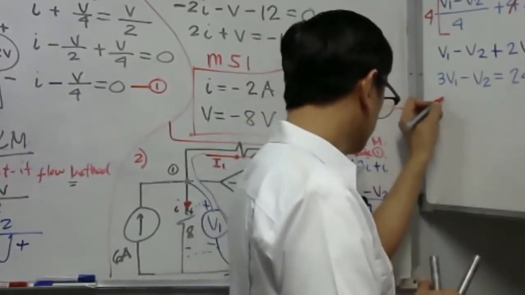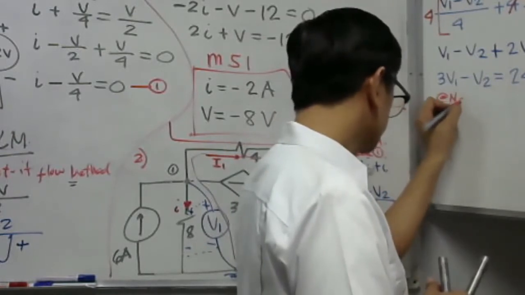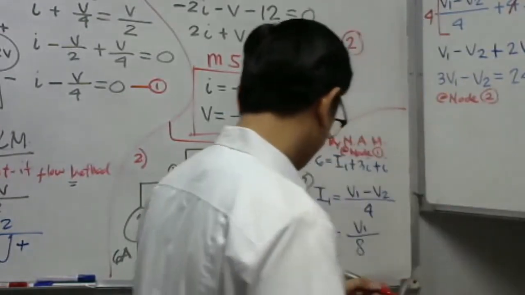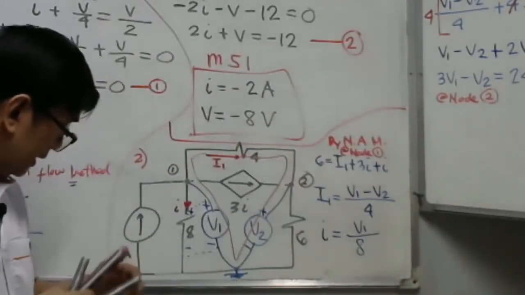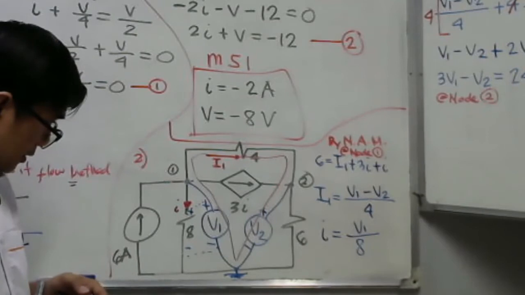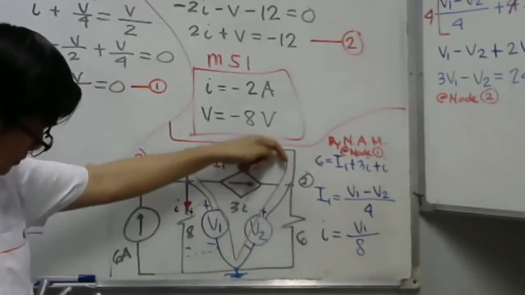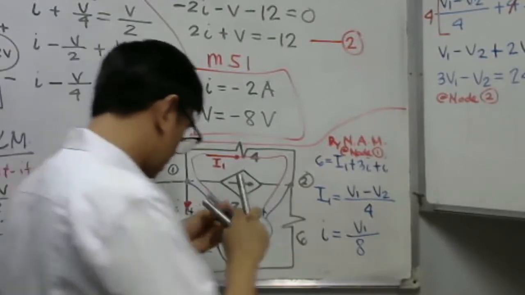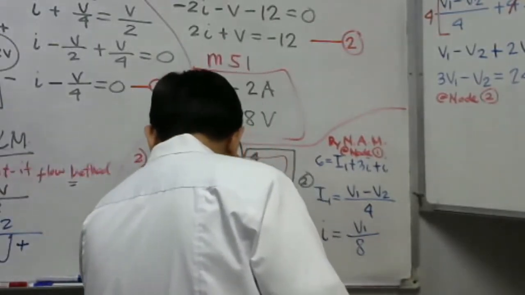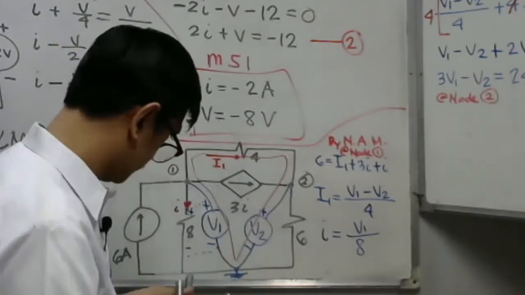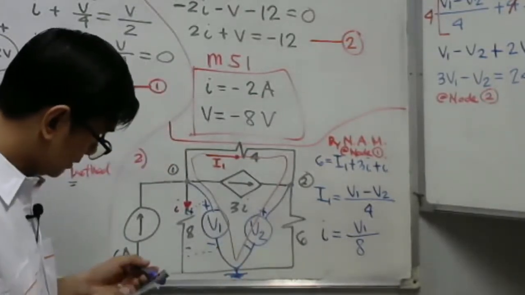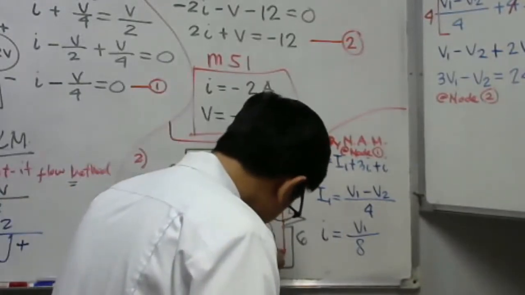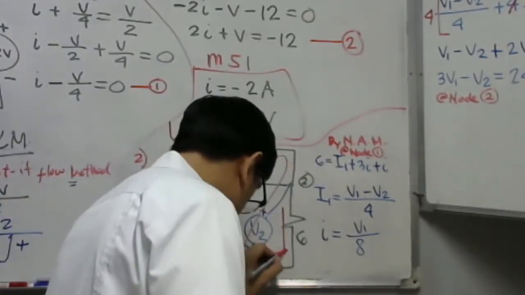What about at node 2? What is our Kirchhoff Current Law equation at node 2? Take a look, we have a node 2 here. Let us put now the dependent current source here, and I will make this our I sub 2.